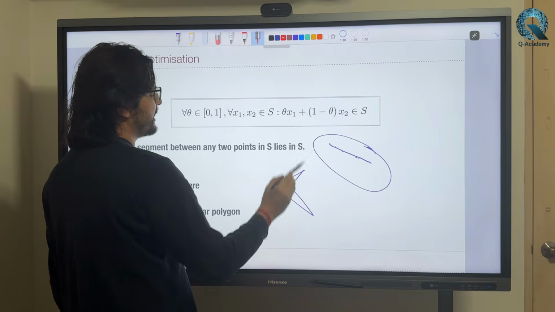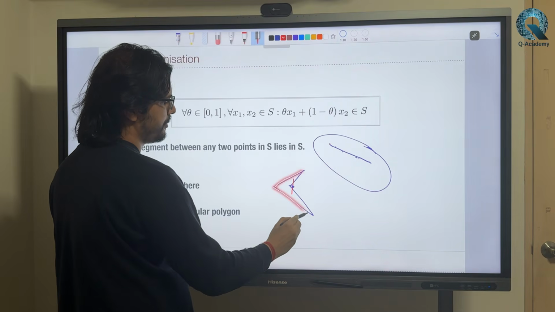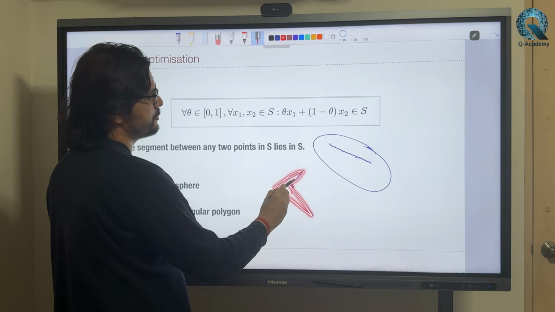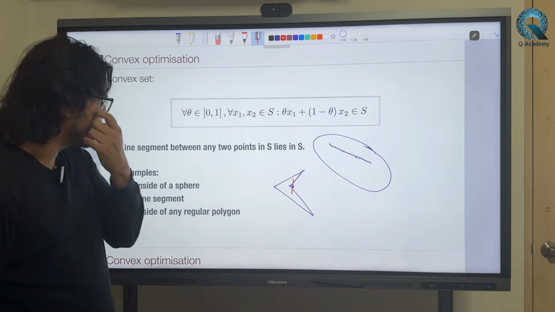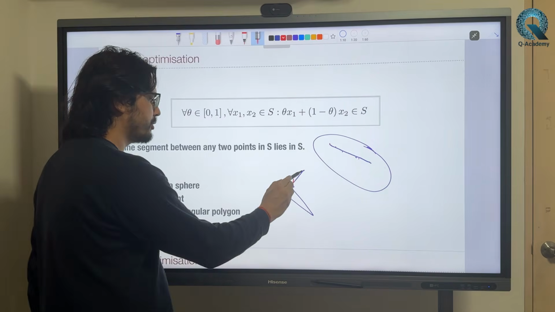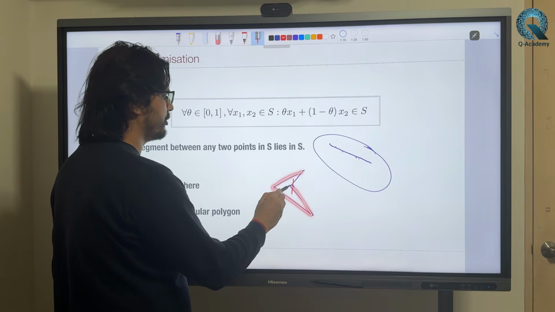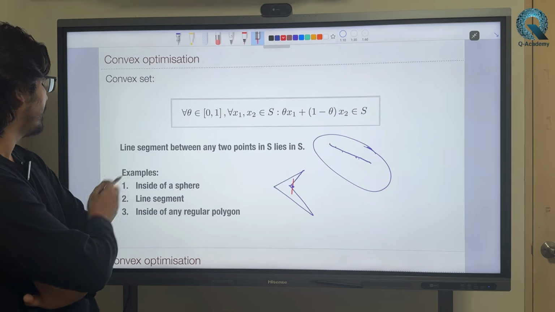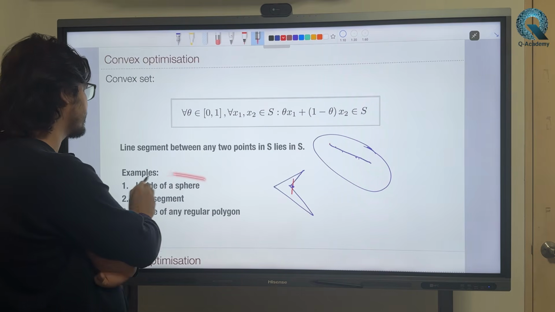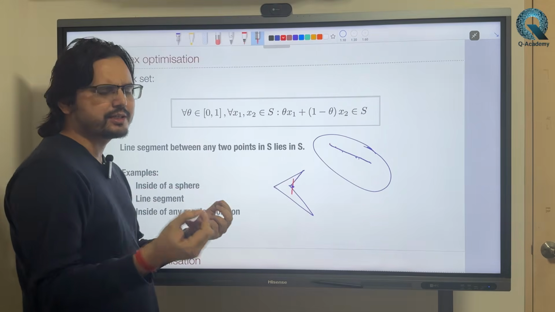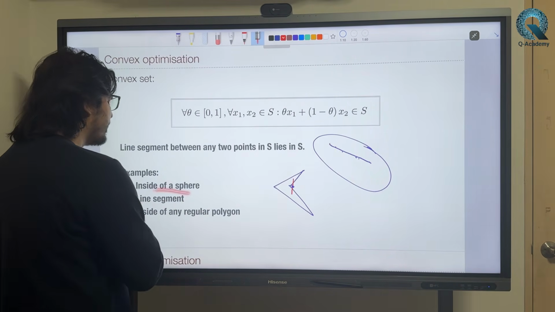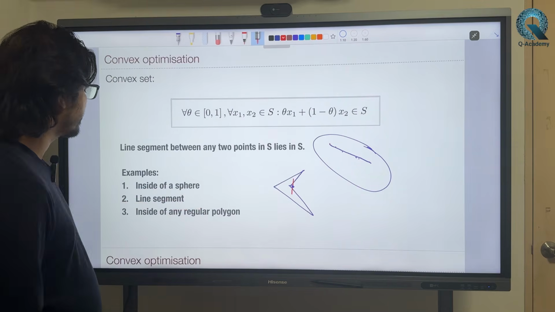So this object is a non-convex set. Some examples of convex sets: the inside of a sphere. You take any two points inside a sphere, connect them, and all of them will be inside the sphere. A line segment is trivially a convex set.